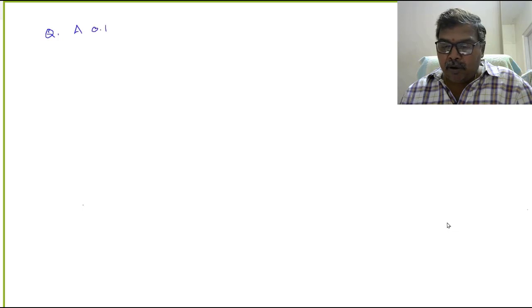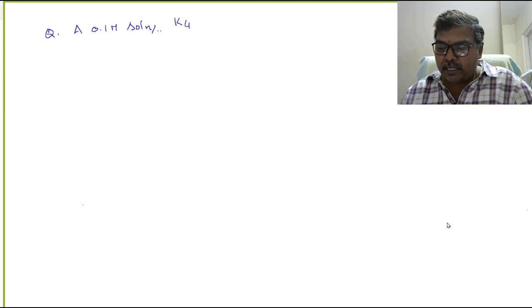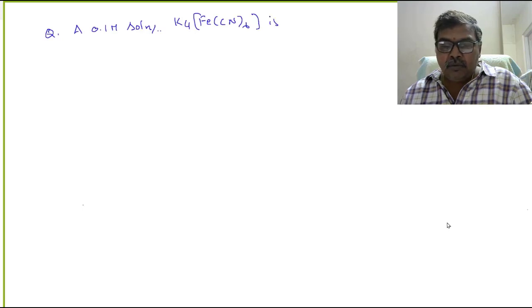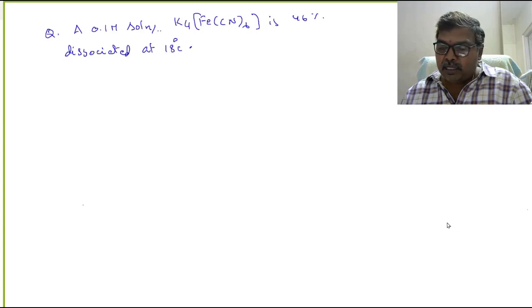A 0.1 molar solution of potassium ferrocyanide K4FeCN6 is 46% dissociated at 18 degrees Celsius. What will be its osmotic pressure?